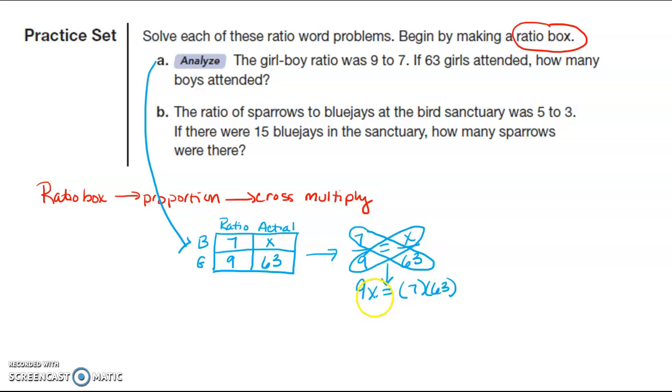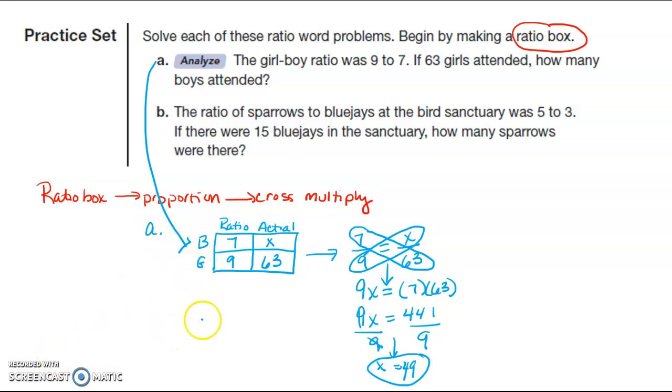Keep in mind, I'm trying to solve for X, which means I'm trying to get X on one side of the equals by itself. The 9X is going to remain the same. Let me go ahead and multiply 7 times 63. So now I can divide. My 9's cancel. I get X, my equal sign comes down, and I get 49, when I divide 441 by 9. And that's A.